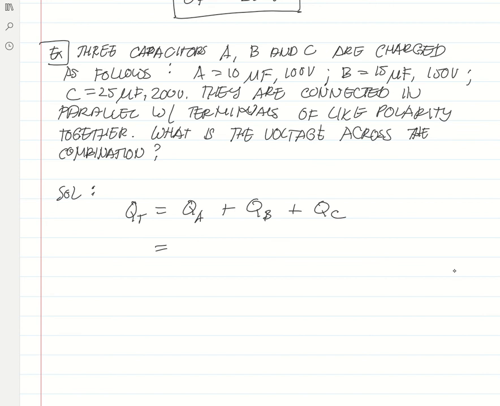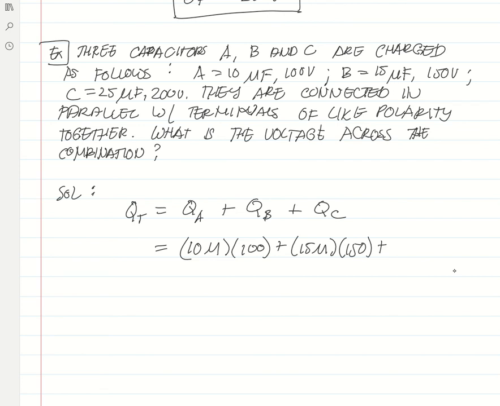And what's the formula for the charge? Charge is just equal to the product of the capacitance and the voltage. So for A, the capacitance is 10 micro, and you multiply this by the voltage, 100 volts. For capacitor B, this is 15 micro multiplied by 150 volts.